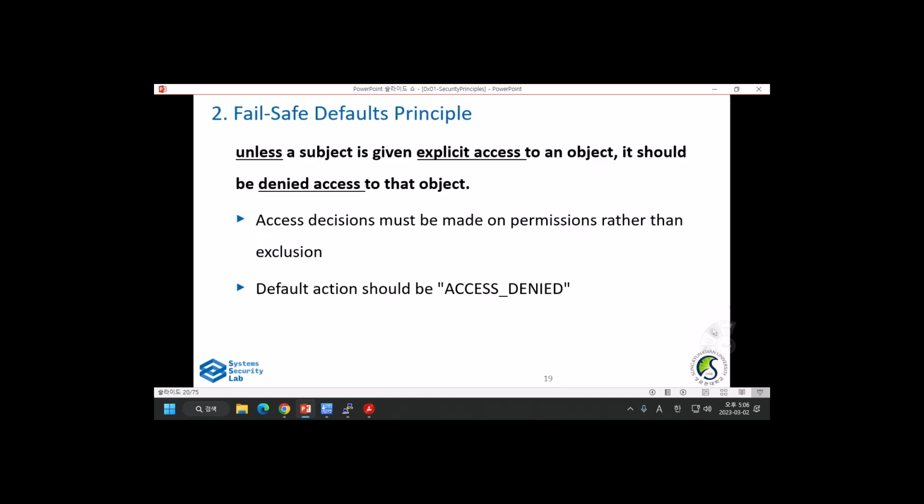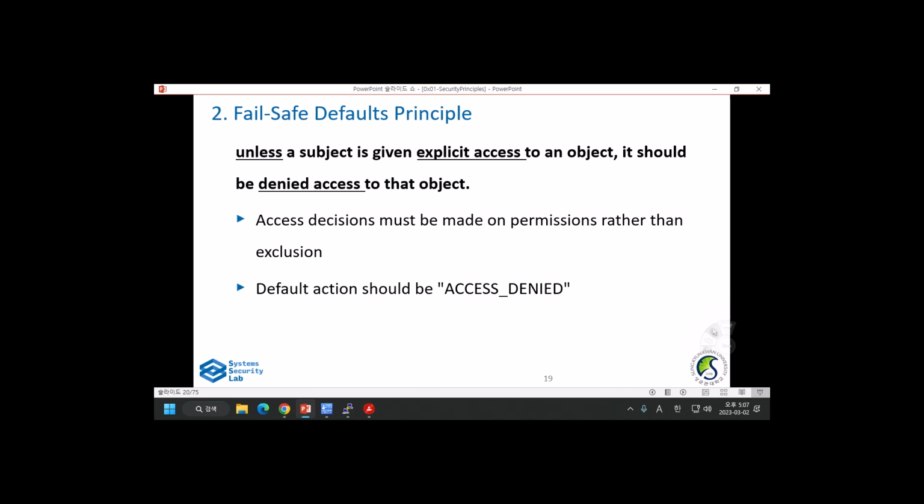Okay, the next is fail-safe defaults principle. So this one is about this: unless a subject is given explicit access to an object, it should be denied access to that object. So going back to our image filter example, the default must be no privilege allowed, right?